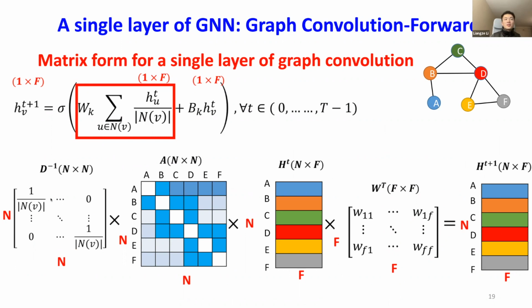So here is the complete picture of the left side of this expression: we aggregate the information from all the node's neighbors, put them together, take the unweighted or weighted average, and then we multiply that with a specific weight matrix.